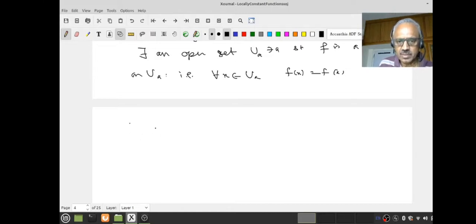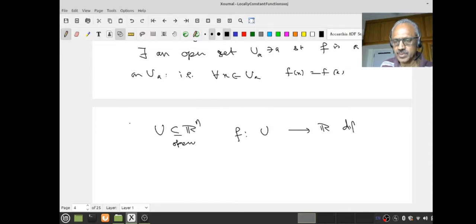So suppose I have U, an open subset in R^n with the standard topology, and f is from U to R. Let's assume it's a differentiable function.